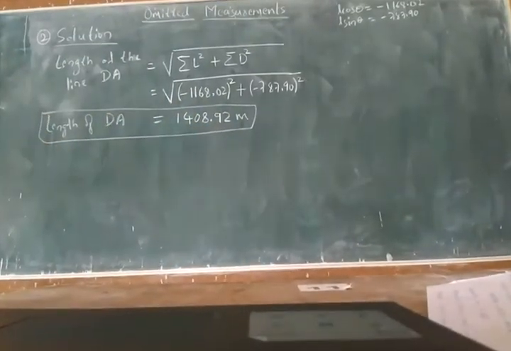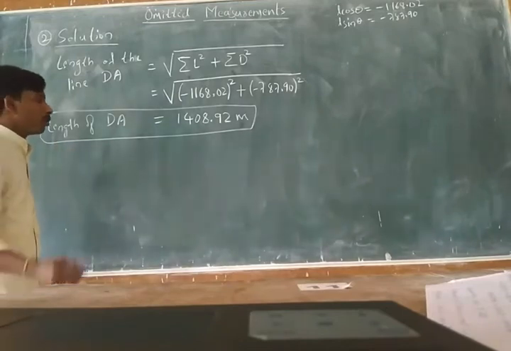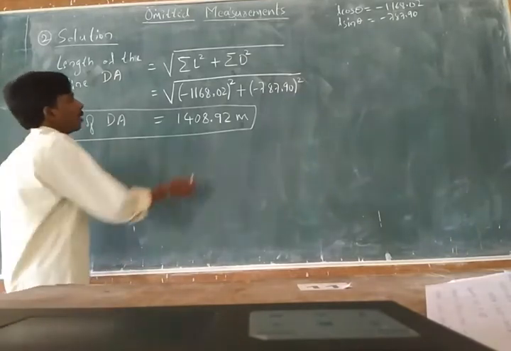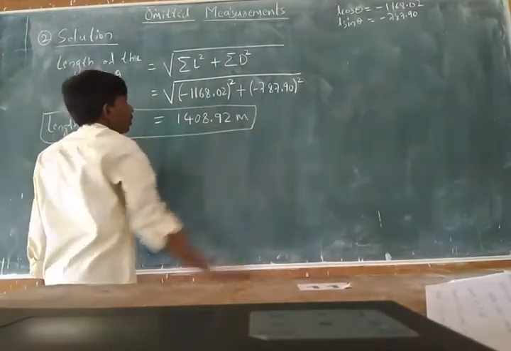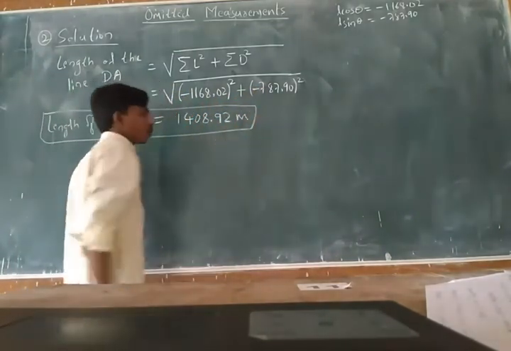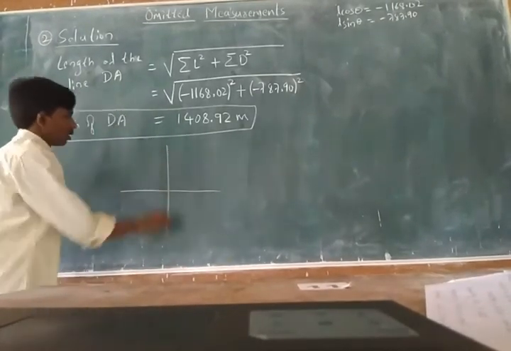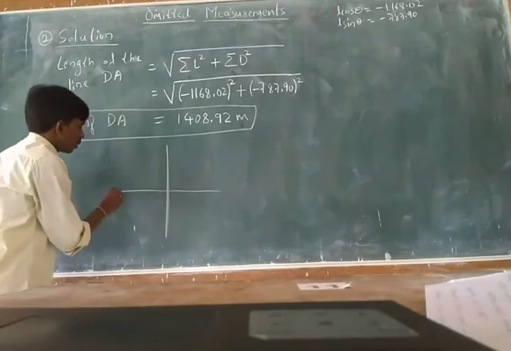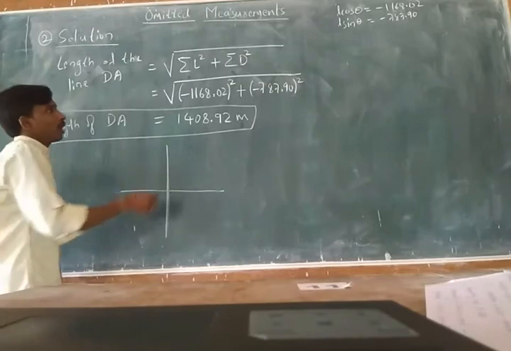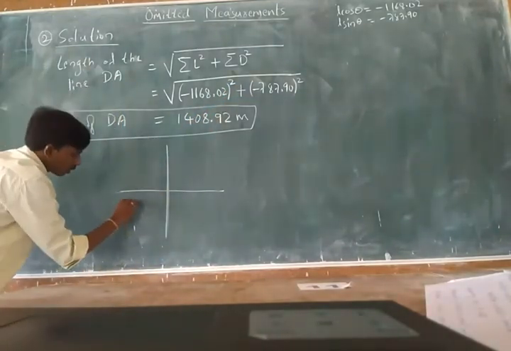Now we need to calculate the bearing. Here you can observe latitude and departure both have minus signs. As per the quadrants, both latitude and departure being negative places it in the third quadrant.